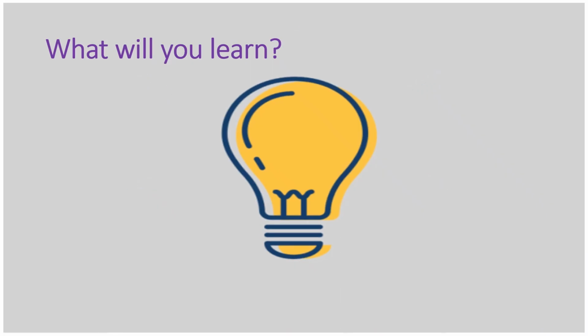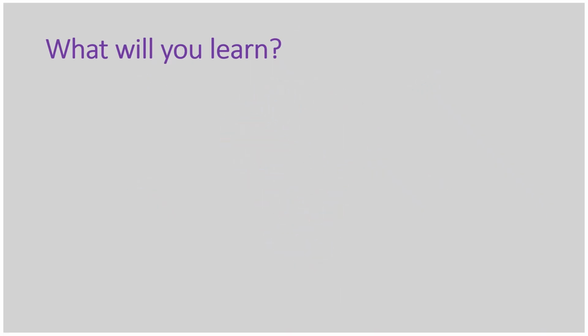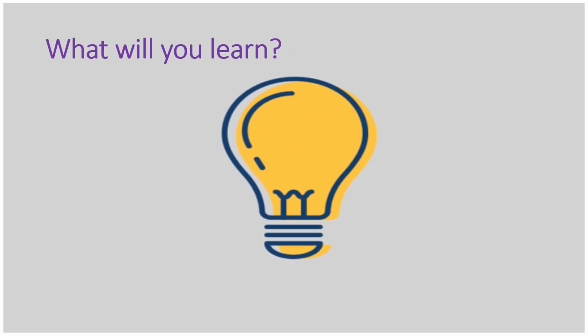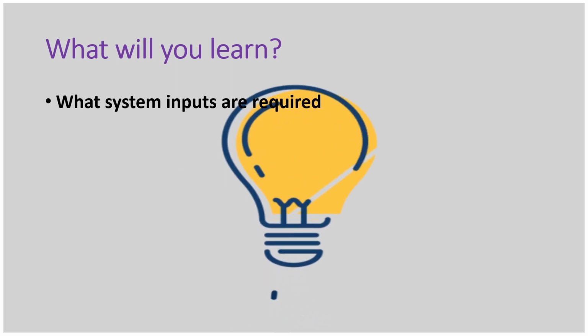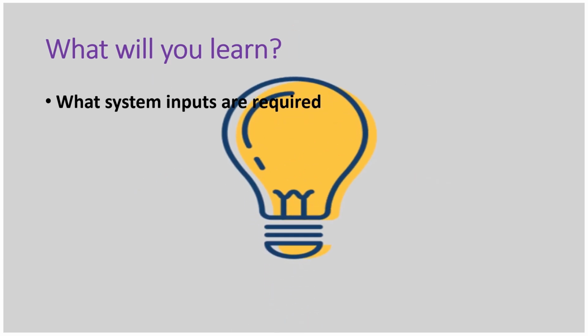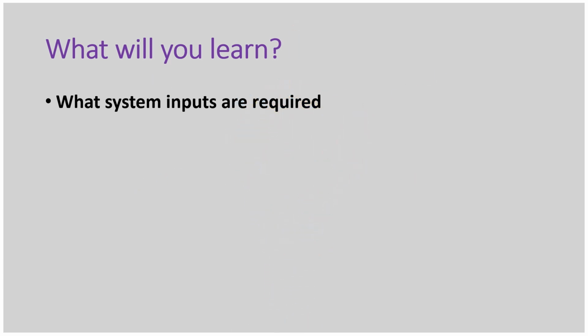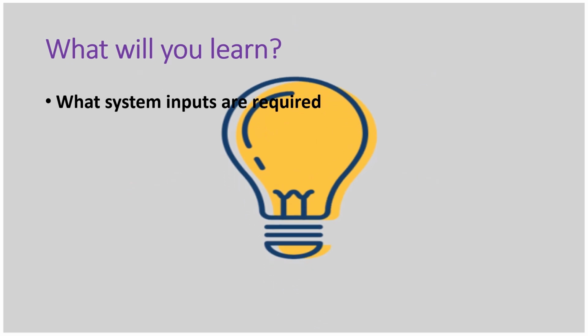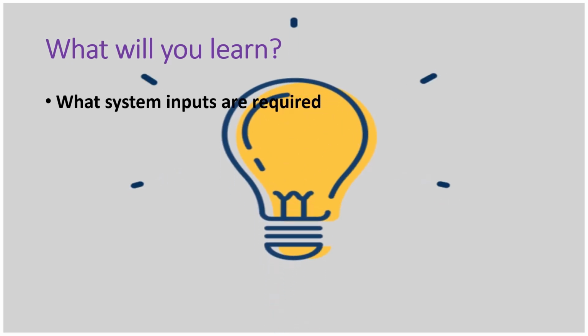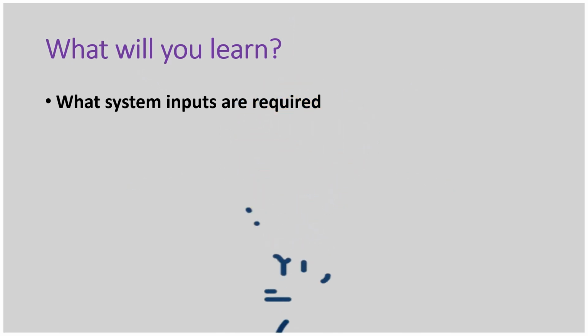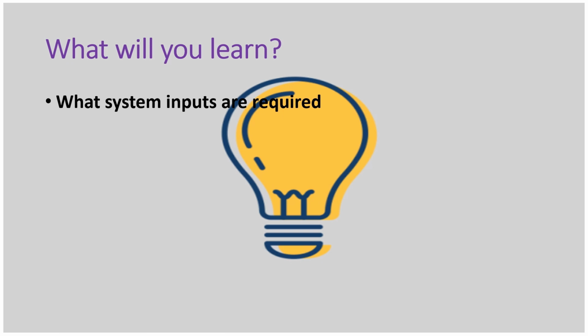Before going into details, you should know what you will learn out of this video. So the very first thing is what system inputs are required. Whenever you design some kind of product or mechanism, it is very important that you know what inputs are required for the design. Let's say you want to design a system in which you have to push a 10 kg load.